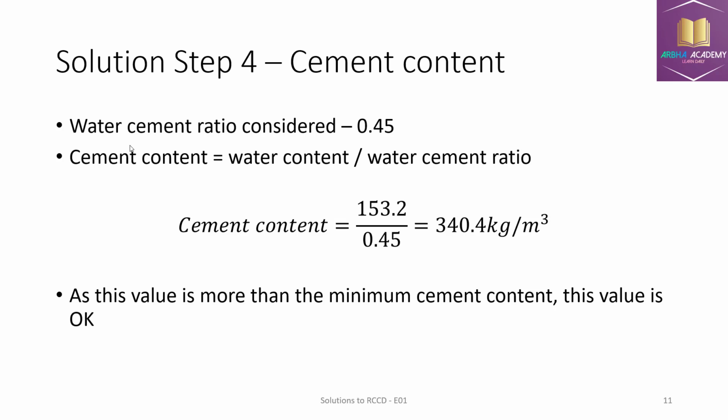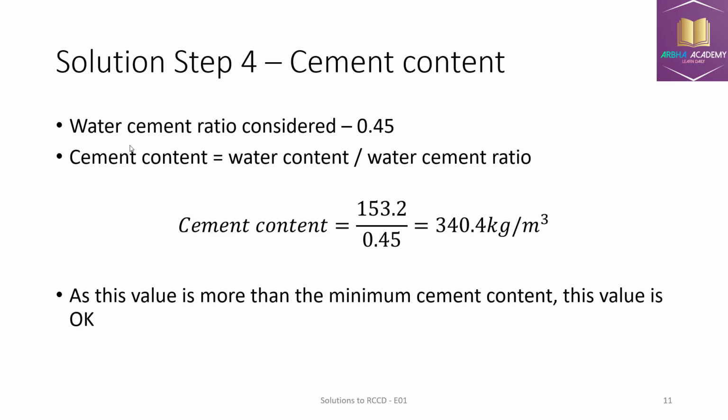That gives 340.4 kg per m3, while the minimum cement content is 300 kg per m3 and the maximum cement content is 450 kg per m3. The value we have determined is definitely between 300 and 450, so the cement value is okay for us.